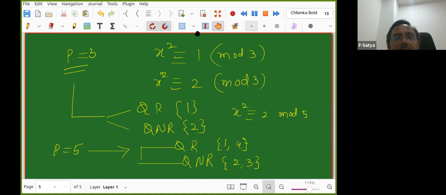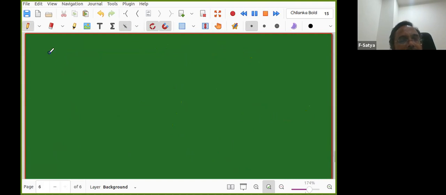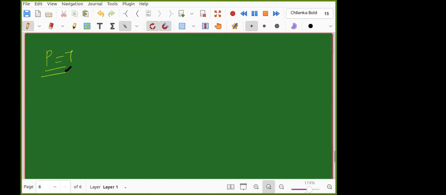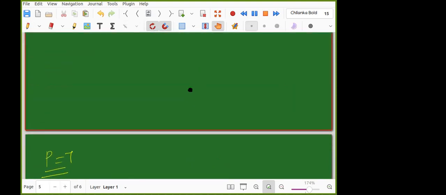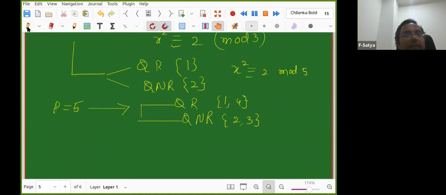Okay, one more example so that I think you will be comfortable. 7 also we will take. P equal to 7. Sir, why are we just checking for remainders 1 and 2? So that is sufficient, na? See, we need to check only in the range up to half, we are looking in UP only.